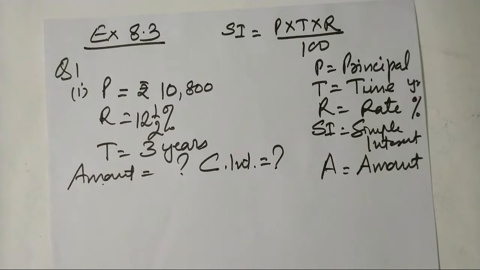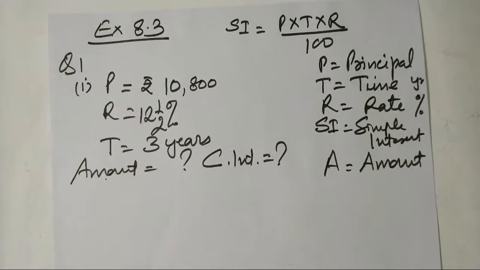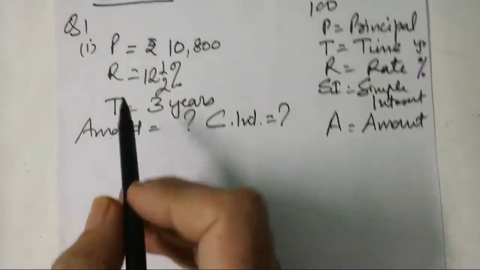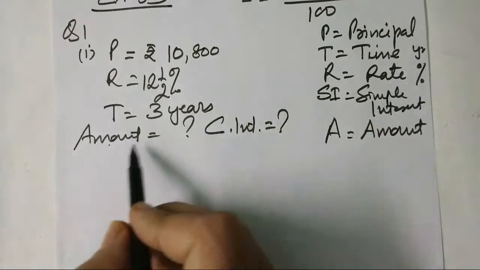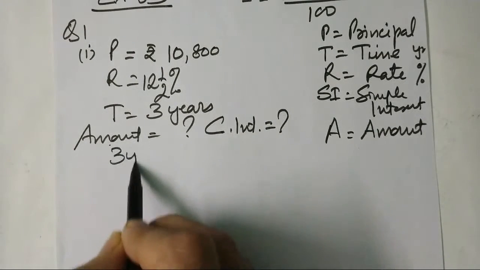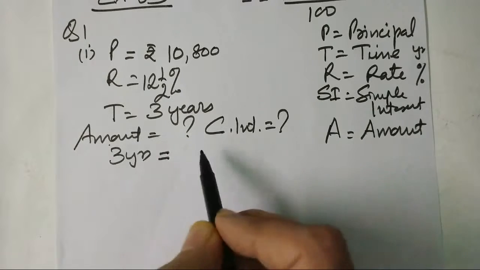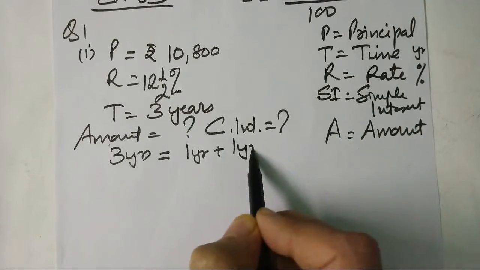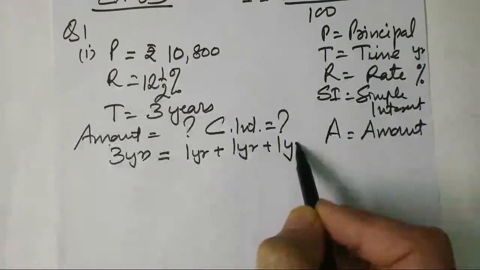So in compound interest, we calculate the interest for each year and then we add it. So watch the steps which I have followed. I am calculating the time of 3 years. I am dividing it into 1 year, then 1 year and 1 year.